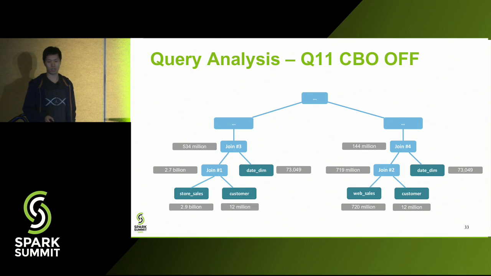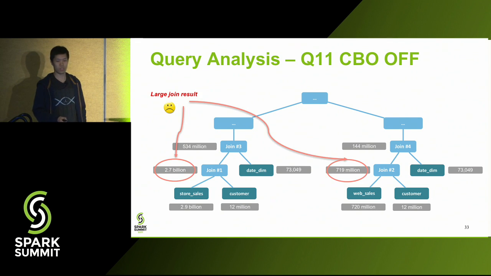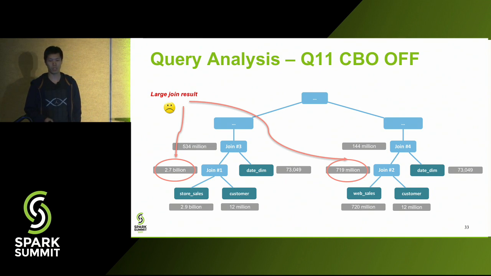We join store sales with customer and date dim, and we also join web sales with customer and date dim. The join results of store sales with customer and web sales with customer are very large, about 2.7 billion and more than 700 million. As we know, large intermediate results will cause large shuffle cost and computation cost in the following joins.